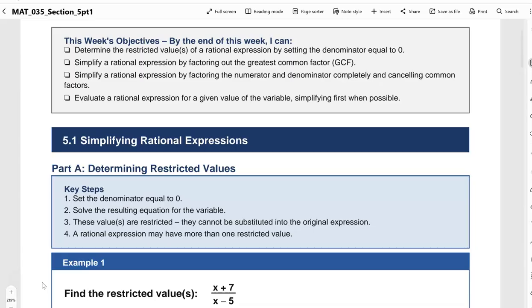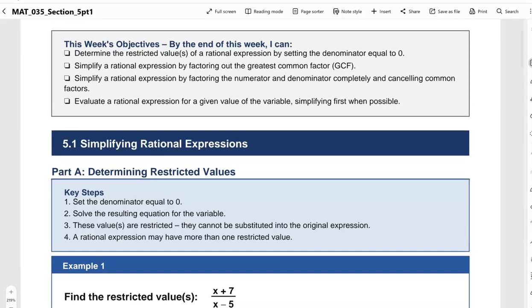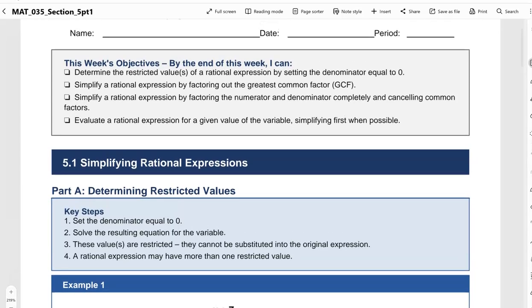When you think of a rational expression, it is a polynomial divided by a polynomial, which means we're entering this world of fractions, and the fractions are going to have variables in them.